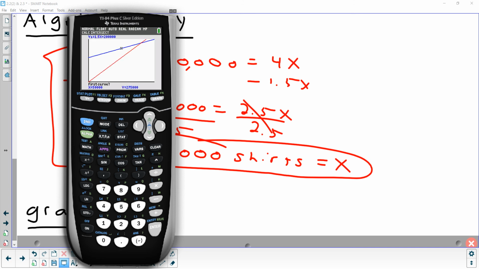And then you hit enter on the blue, and then you hit enter again on the red. And then you would guess where it is, which would be between the blue and red. The guess doesn't matter because they only cross in one spot. No matter where you put the guess, you're going to get the answer.